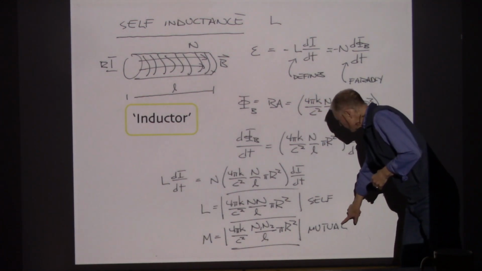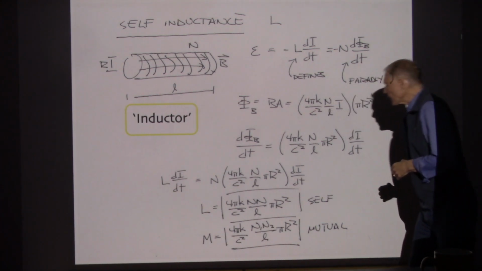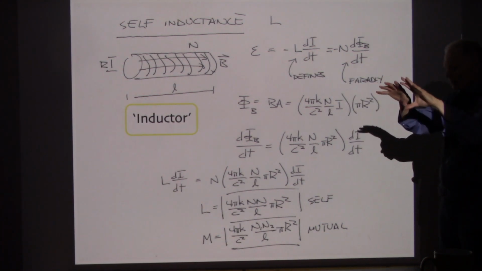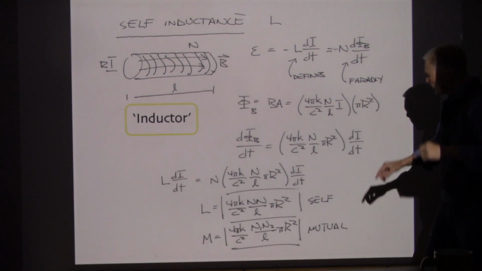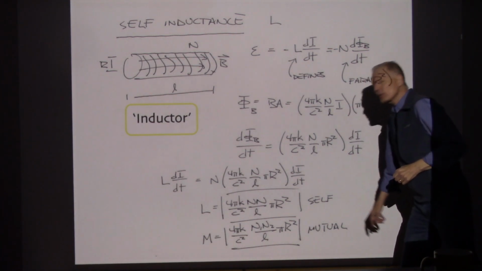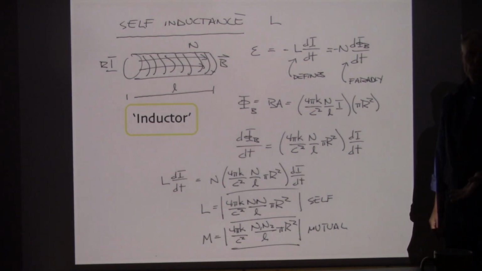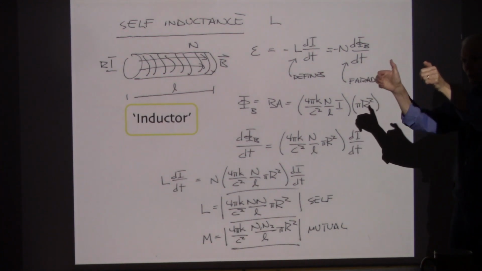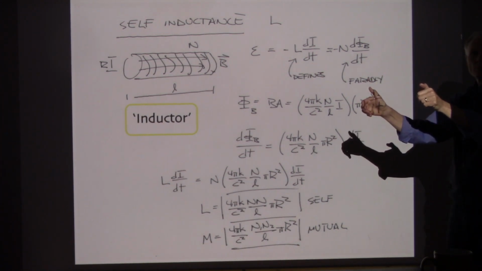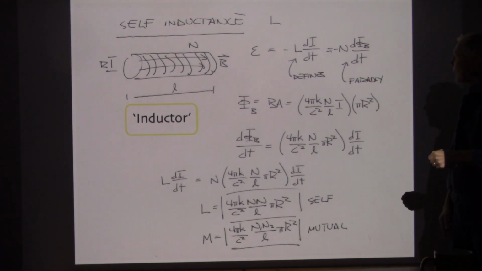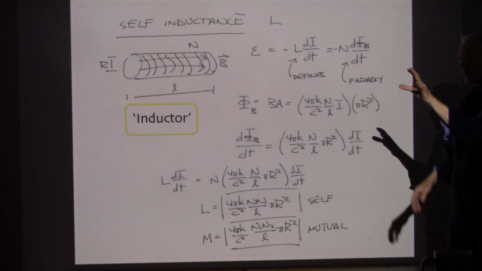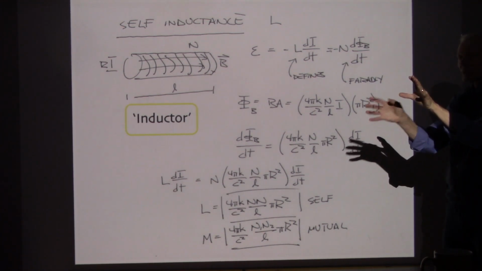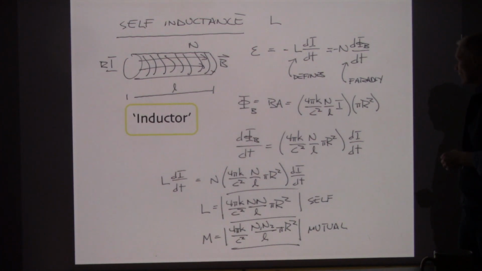And then there's what's called the mutual inductance effect, and that's between two different sets of coils. This is what we looked at when we were looking at transformers. In transformers, we were interested in two distinct sets of coils and how energy and power could get transferred from one side to the other.